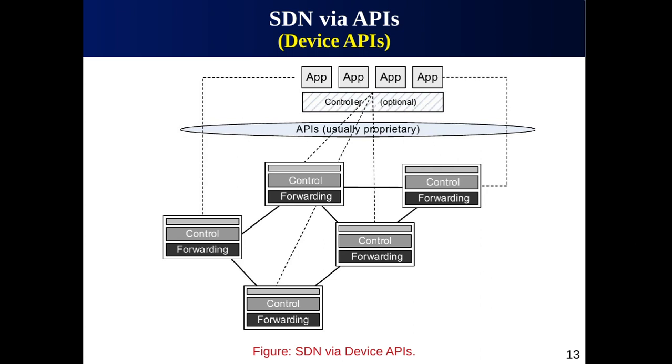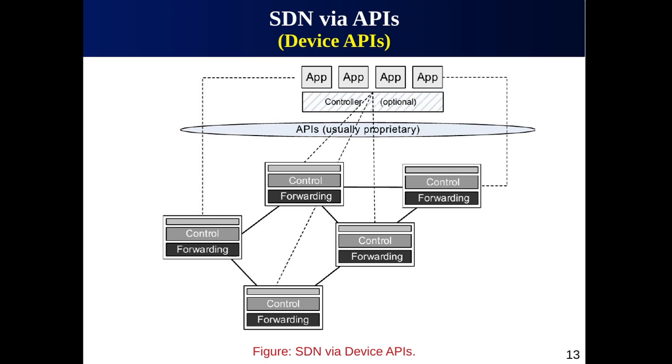Okay, so in SDN through device APIs, the strategy is to provide a richer set of control points on the devices so that centrally located software can manipulate those devices and provide the intelligent and predictable behavior that is expected in the SDN controller network.